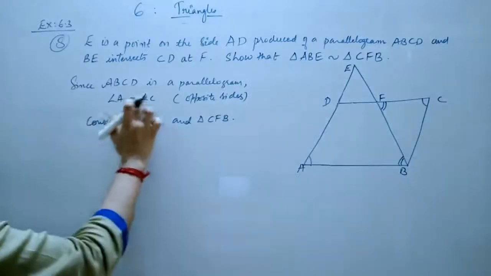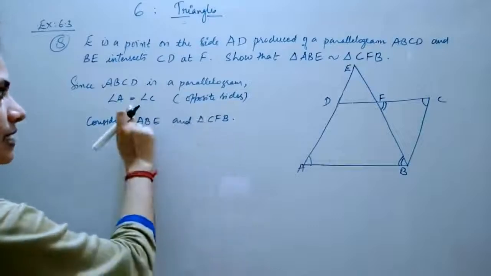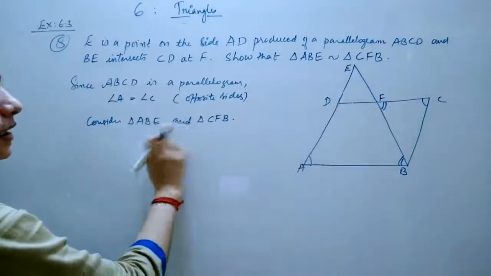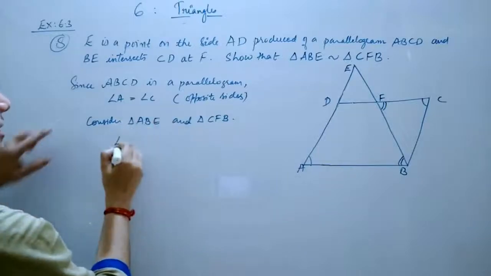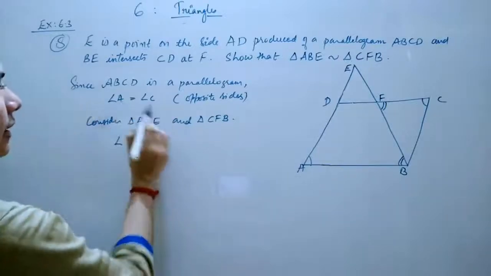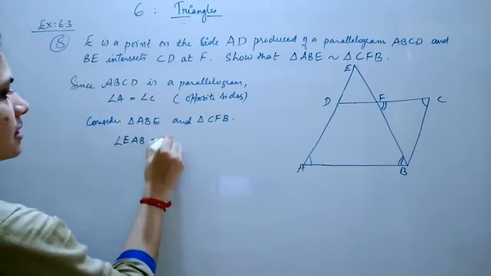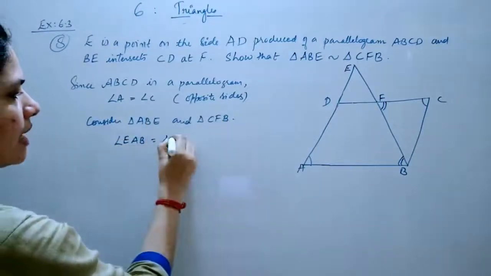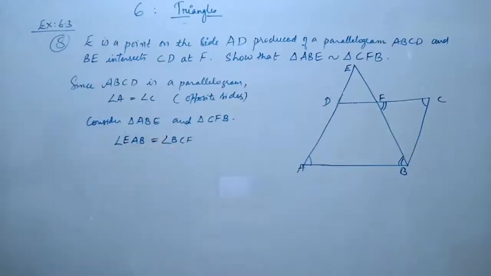Okay, so angle A equal to angle C in the parallelogram, we will just rewrite that angle in terms of these. Okay, so in order to write angle A, we will write it as EAB. Angle EAB is equal to angle C, can be written as BCF. Angle EAB equal to angle BCF.